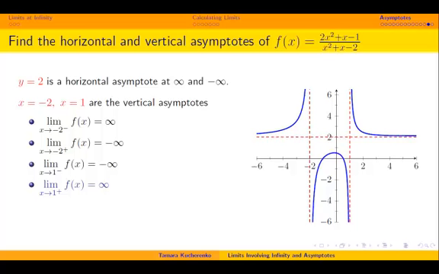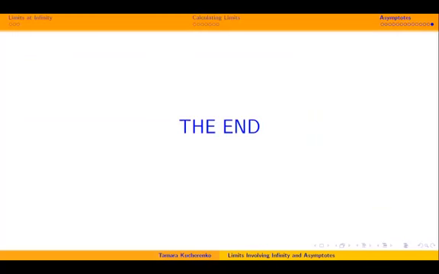Here we have a graph of f of x equals (2x squared plus x minus 1) divided by (x squared plus x minus 2). This is the end of our lecture.